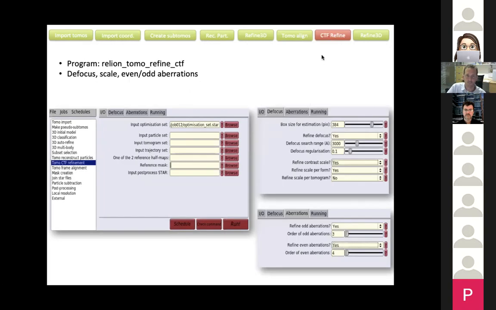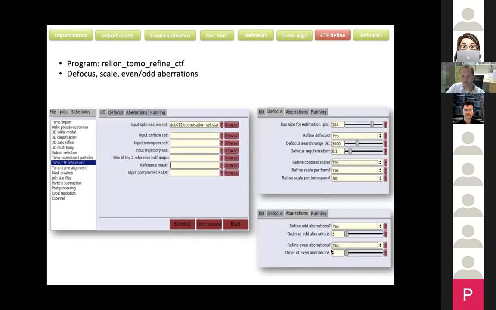And then, analogous to CTF refinement in single particle methods, you can do the same with these sub-tomograms. So you can do a defocus refinement, which is probably the most useful aspect of this. Often the height of the defocus is kind of off for individual particles. But you can also refine higher-order aberrations, just like we do for single particle analysis.